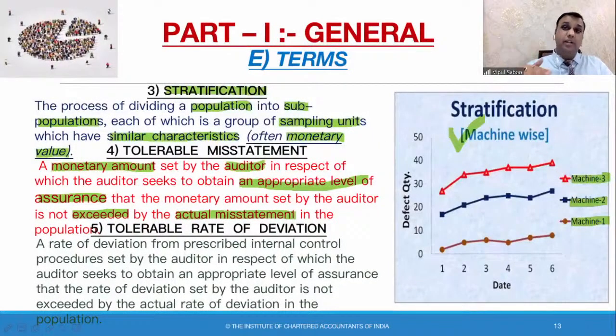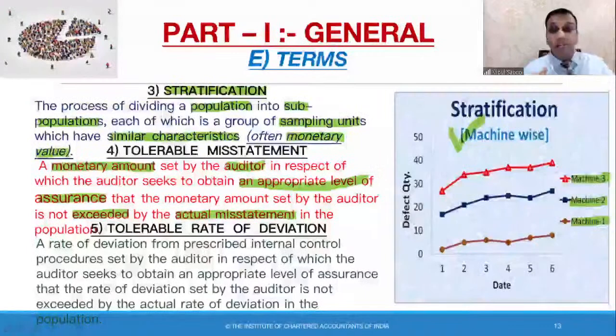The auditor has set a bar that if a misstatement is above this level, I will not be able to tolerate that. I will be required to have a word with the management or those charged with governance. So that is the level set by the auditor, tolerable misstatement.